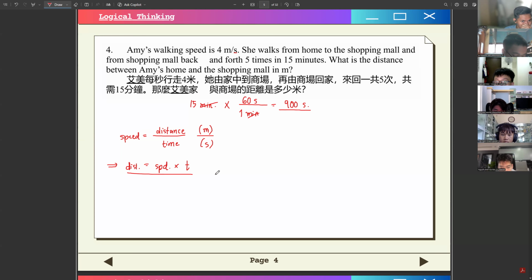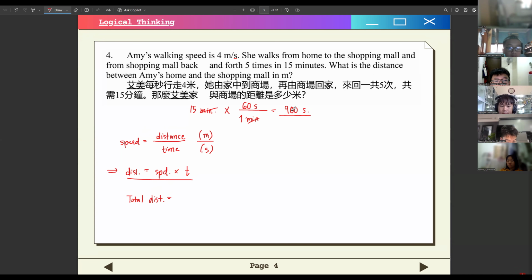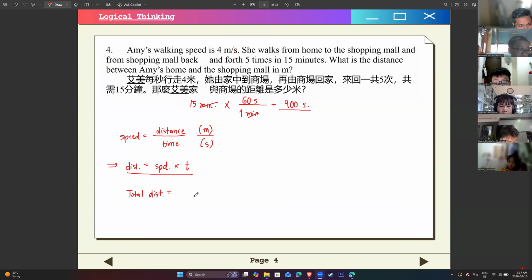Okay. So let's calculate the total distance of going back and forth 5 times. So we have total distance. What's the speed? 4 meters per second.